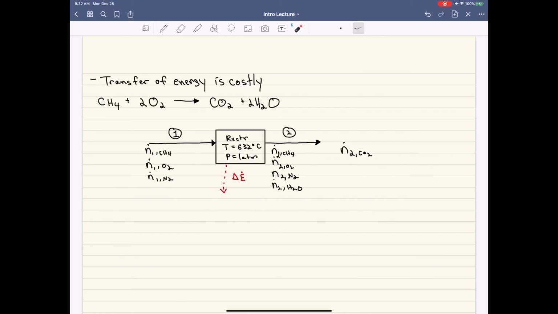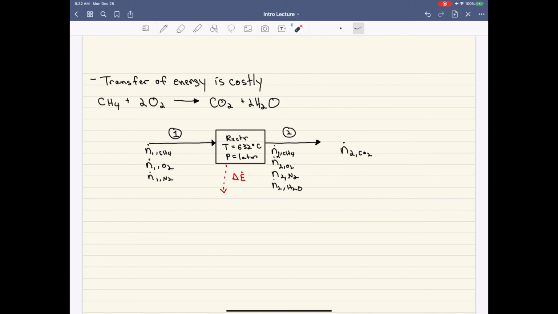In that previous discussion, I simplified it and presented an ideal system in which the methane and oxygen are fed in equal molar amounts and are consumed completely, so that the only things that come out are CO2 and water. But usually in actual real processes, you're not going to have complete conversion. You're either going to feed things in non-stoichiometric amounts, and your reaction is not going to proceed to 100% conversion.